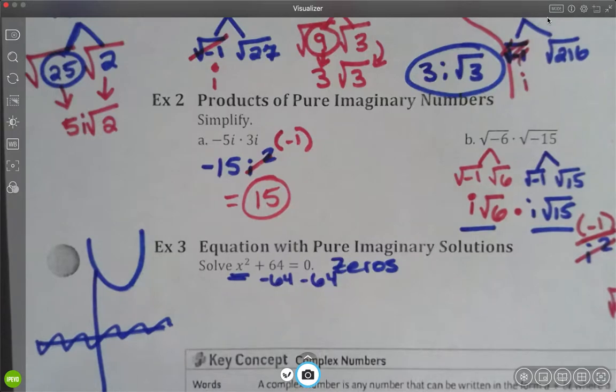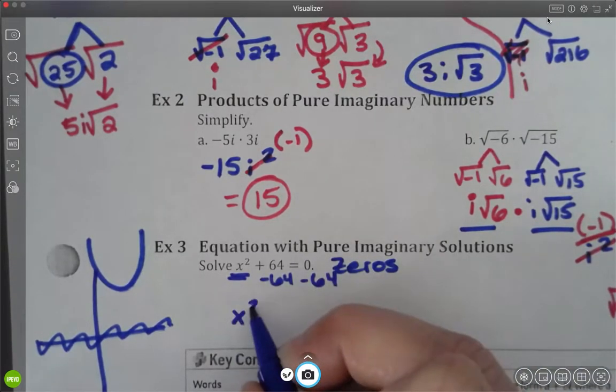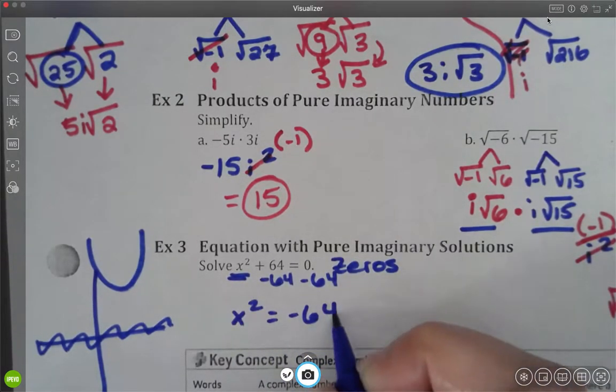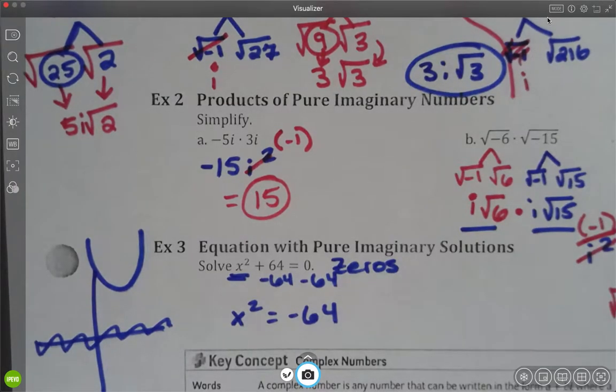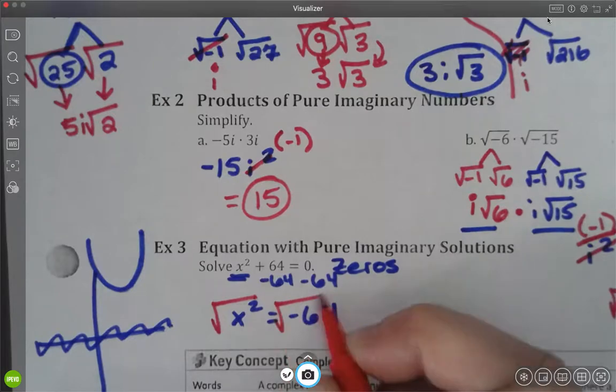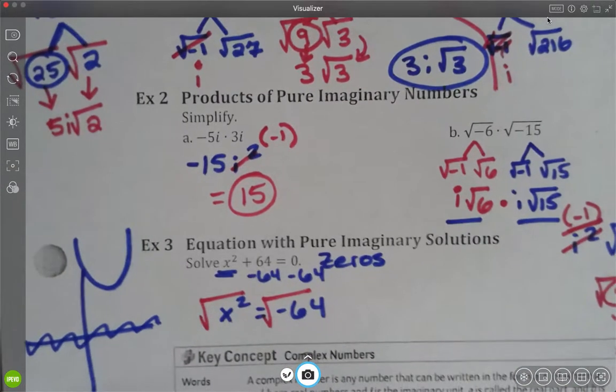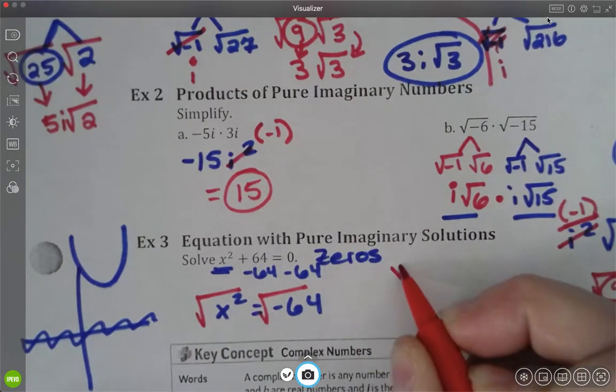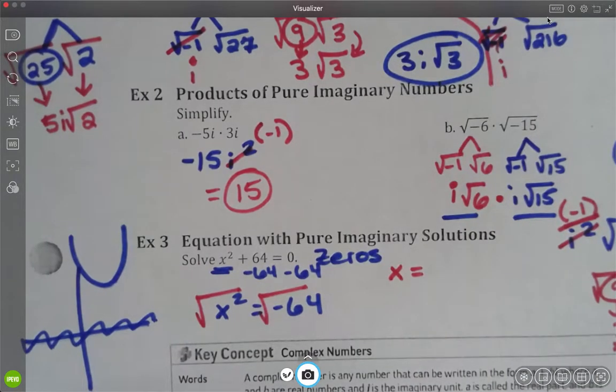So x squared equals negative 64. Now, to get rid of the square on the x, I take the square root.